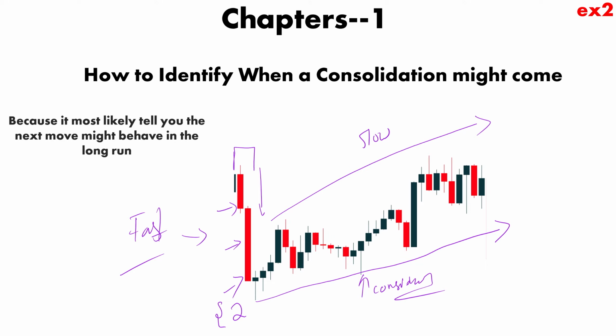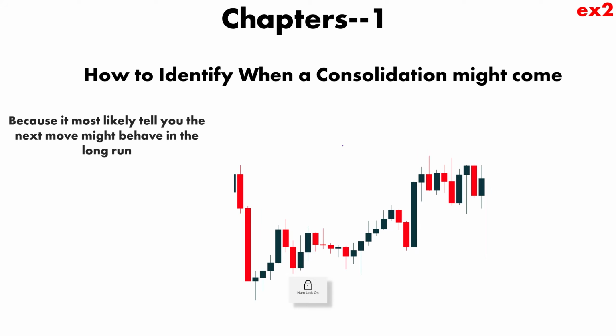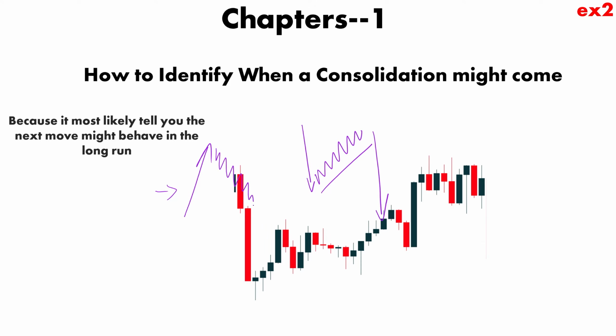So to predict this is very, very simple. You have to read price in the simplest format. Once you see a stronger move to the downside or a stronger move to the upside, just know that if the next move comes correctively, we might expect another move to the downside. The same applies on a bullish trend. If we have a correction here, the next move that we might predict is to the upside.